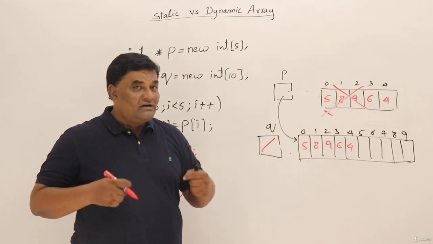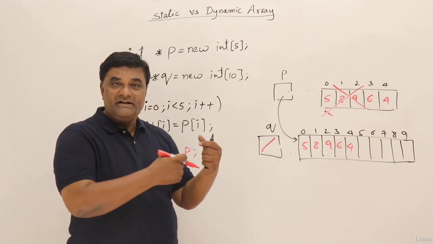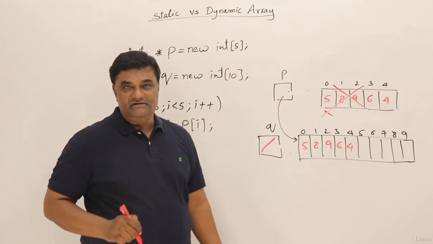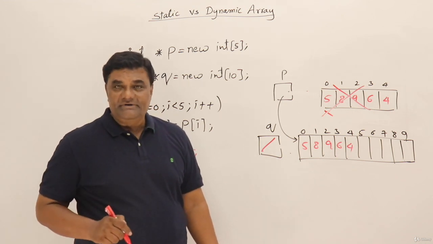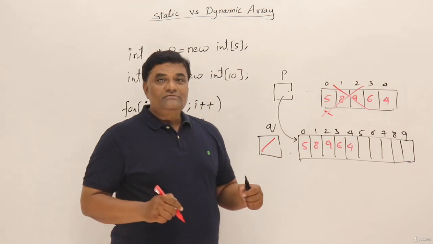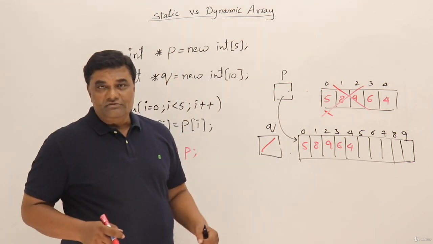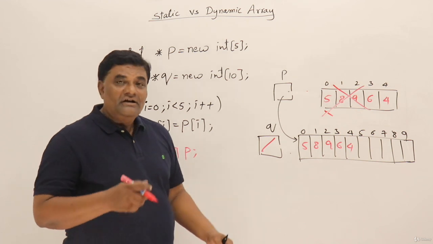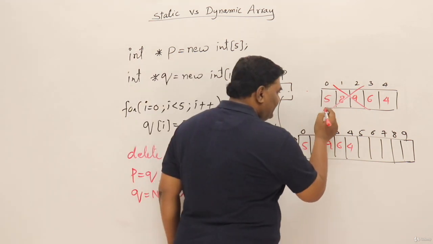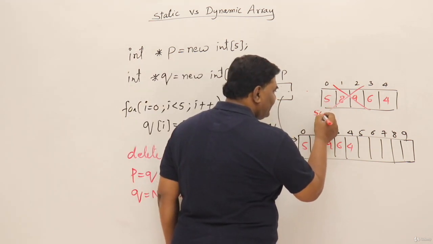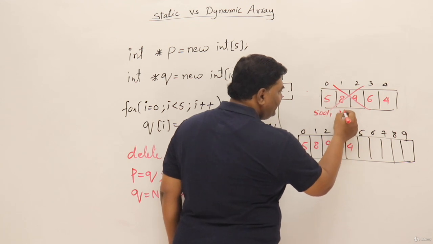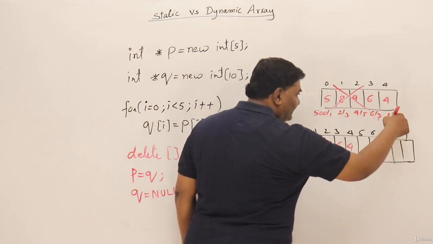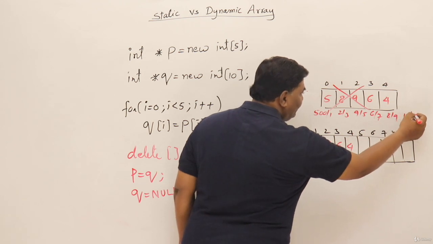So if some API is doing it inside programming, then definitely it is following this method because the same size array cannot be grown. Now I'll tell you the reason why the array size cannot be grown, because the memory for the array should be contiguous. For example, the beginning address of this is 500 and 501, then this should be 2, 3, 4, 5, 6, 7, 8, 9, then the next location must be 10, 11.